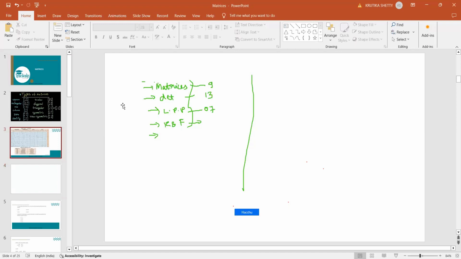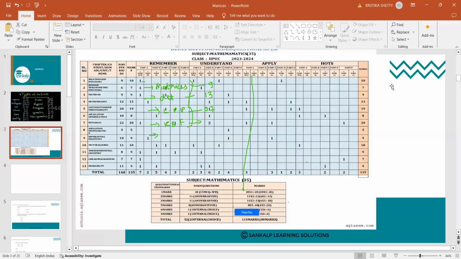Okay, so the relation and function topic is fetching you 10 marks. If you add the weightage of these topics, matrices, determinants, LPP, and then relation and function, these are the non-trigonometry based topics.